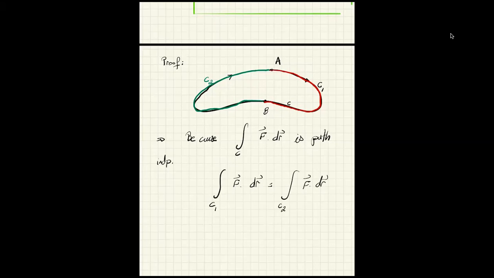Now, here's one thing to remember. If you go backward, which means I'll go in this direction instead, this is the curve minus C2.